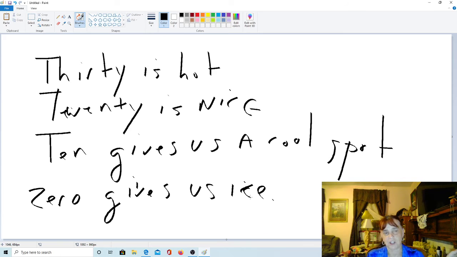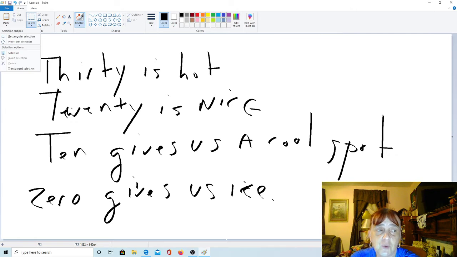So anything 30 or higher is going to be really, really hot. Anything 0 or below is really, really cold. And 20 is just room temperature. 10 is just cool. Now that's just for degrees Celsius.